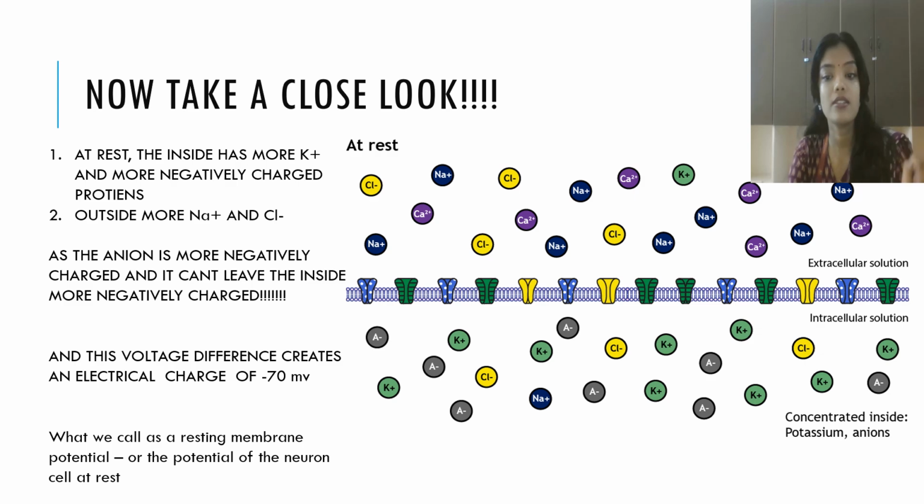The plasma membrane is made up of a lipoprotein, and in it we can see several gates. In this picture you can see green, blue, and yellow types of gates, and all these gates are for specific functions.